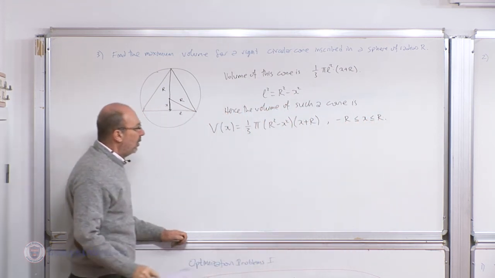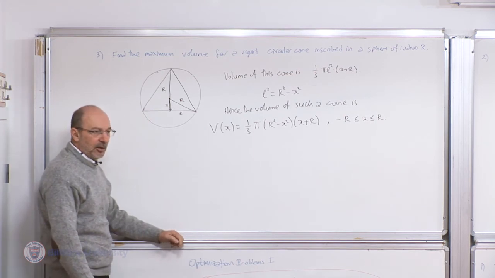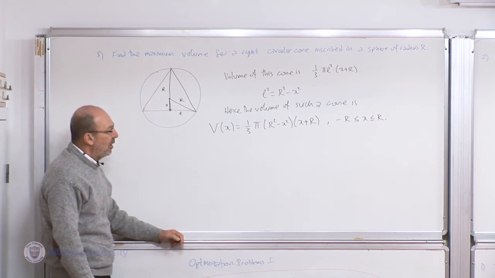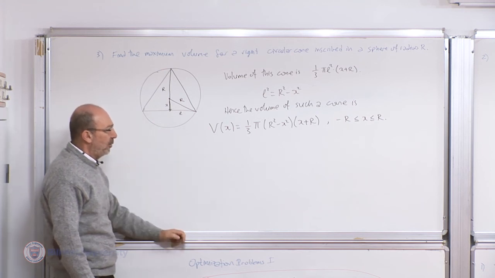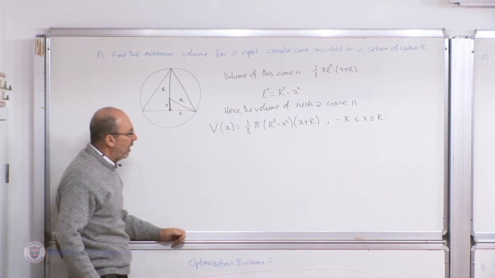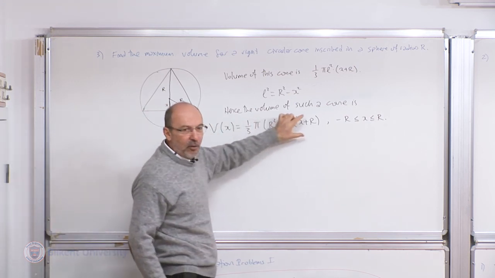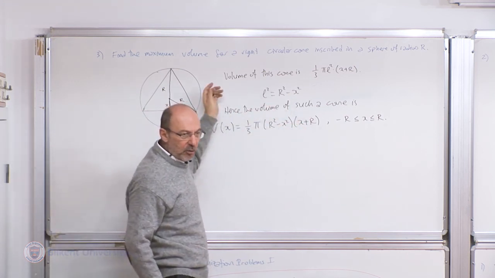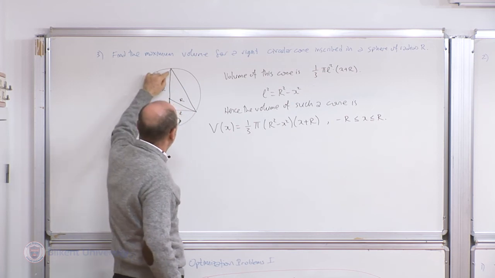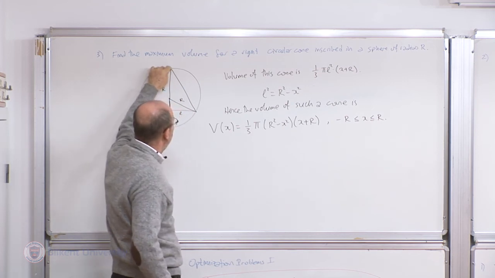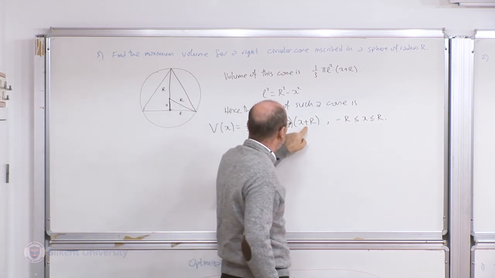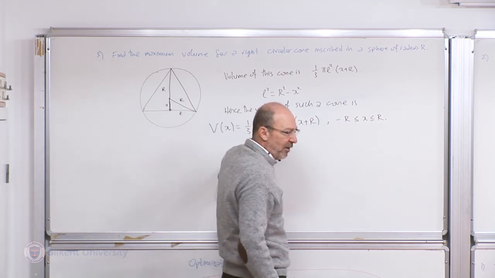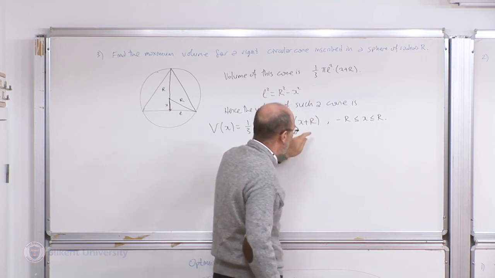Okay, so this is the function to minimize and maximize, but we know from the geometric description that the minimum is 0. In fact, after you write a formula like this, you should check, because it's obvious here. If x is -r, then the cone is just a point, and the volume is 0. So you put x equals -r, this factor makes it 0. Also this factor makes it 0, so that's okay.